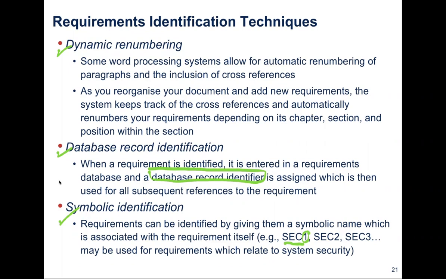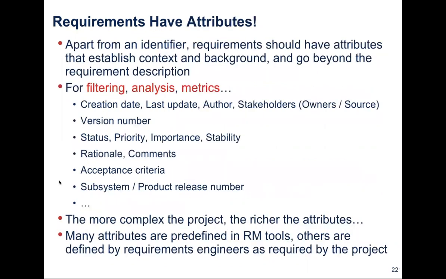After identifying the requirements, it's very important to keep track of the changes later. We said we need to identify requirements, but apart from the identifiers, requirements also should have attributes. Why do we need attributes in each requirement?